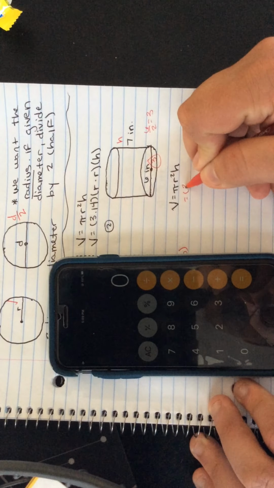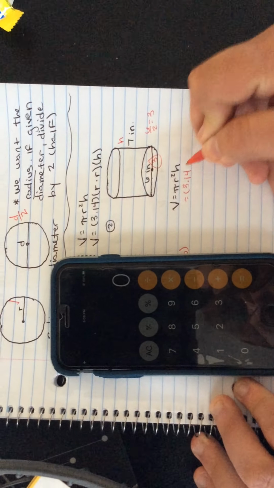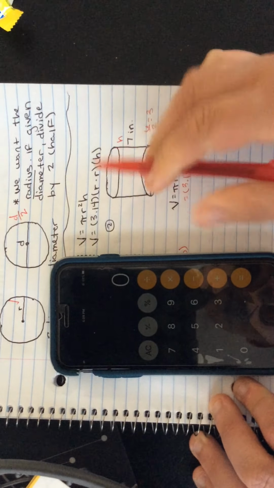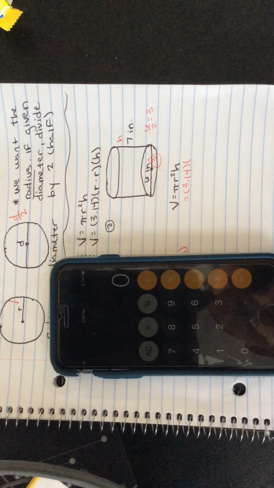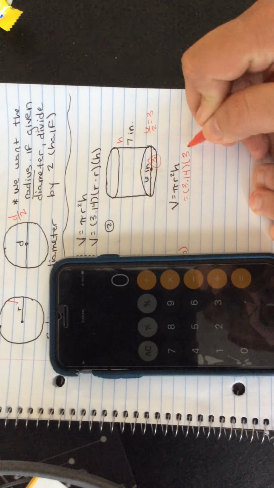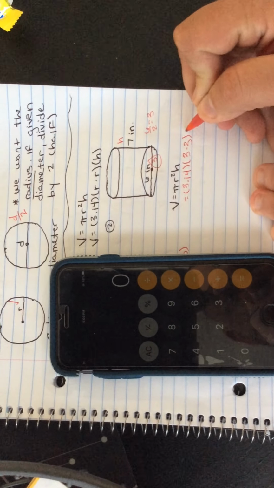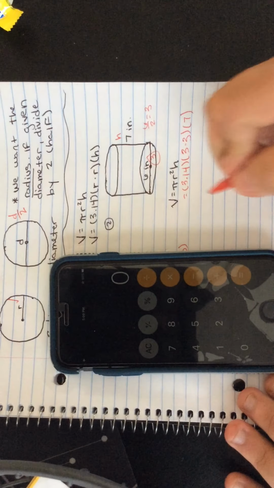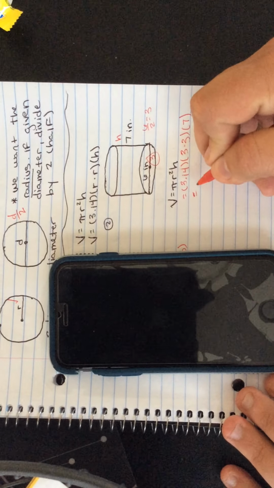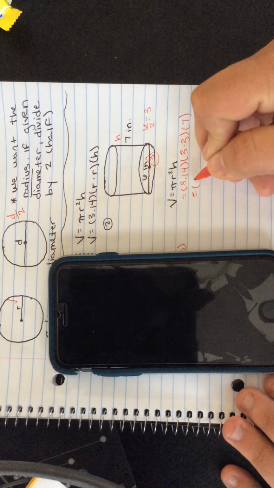So for pi, we're going to do 3.14. Then radius squared is radius times radius. So we're going to do 3 times 3, and then times our height, which is 7. Again, it's probably easier just to go ahead and say what 3 times 3 is.